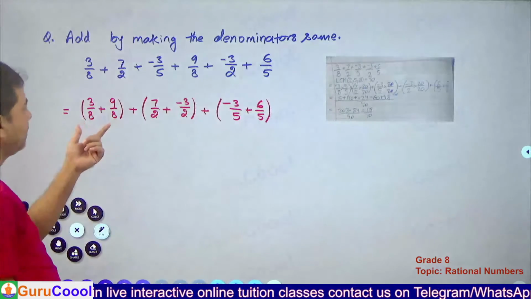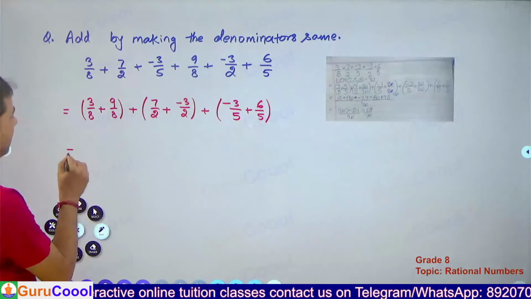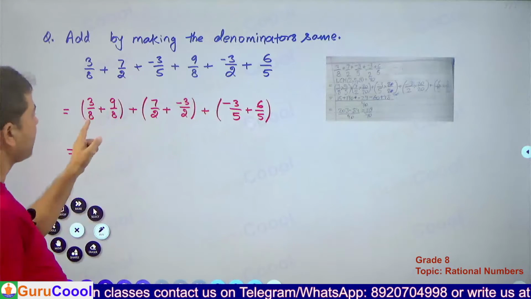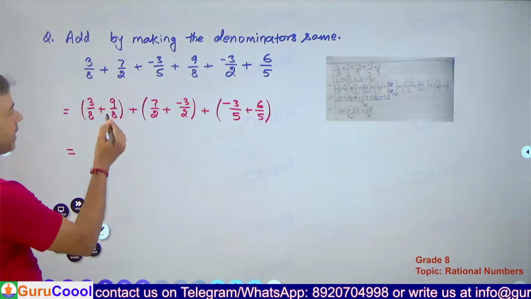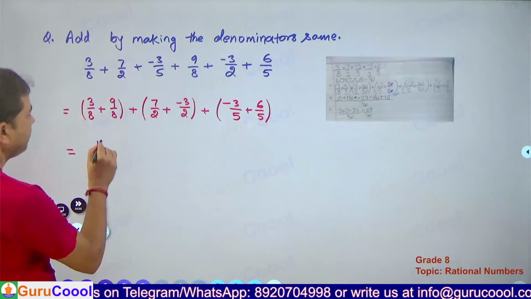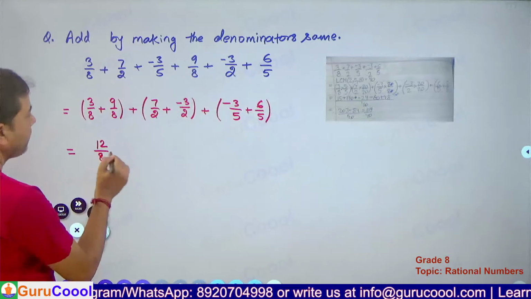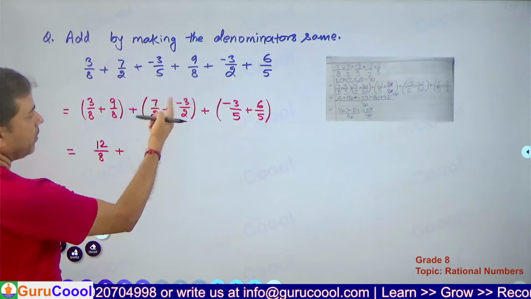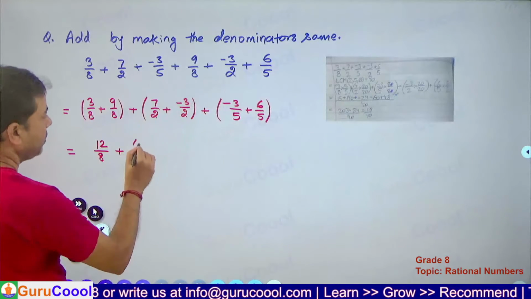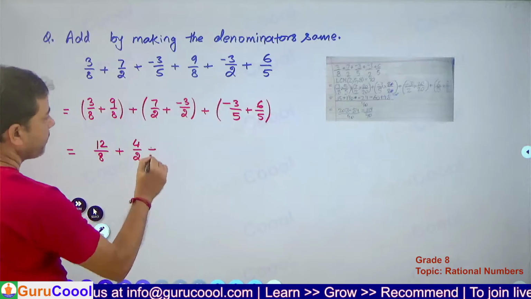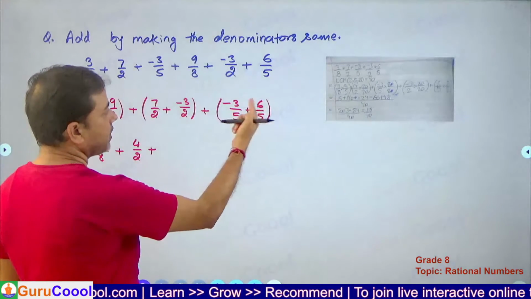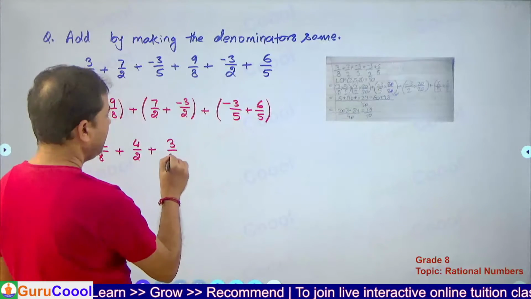Now we have the same denominators in each bracket, so add numerators directly. 9 plus 3, 12, 12 by 8. Here the same denominator, so add numerators directly. 7 minus 3 is 4, 4 by 2. Again here the same denominator, so add the numerators directly. 6 minus 3 is 3 by 5.